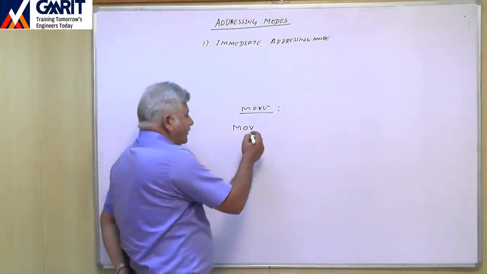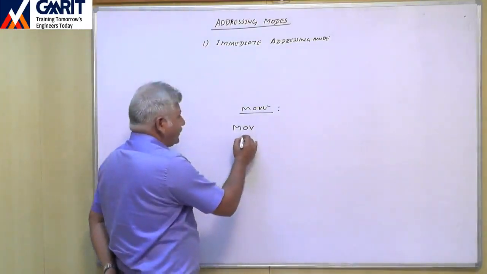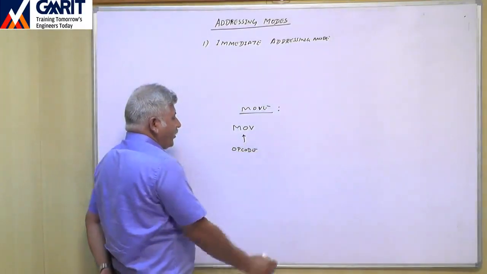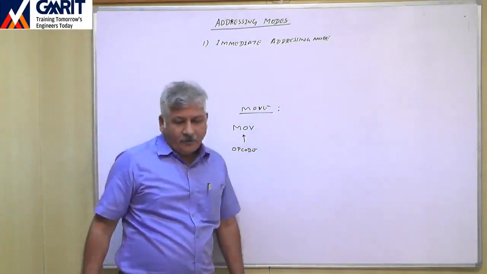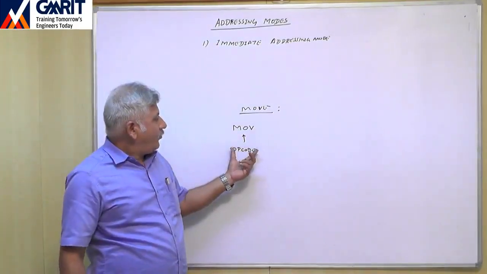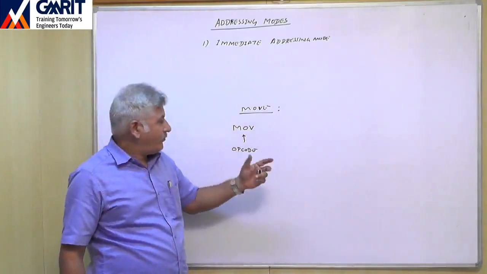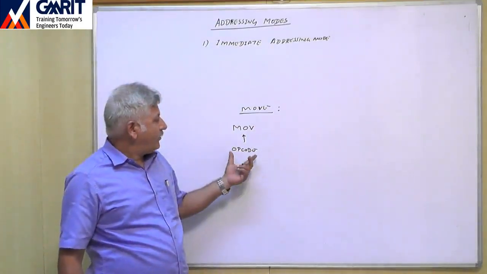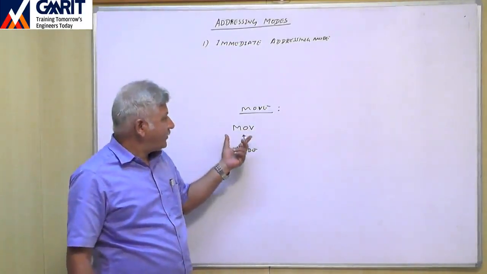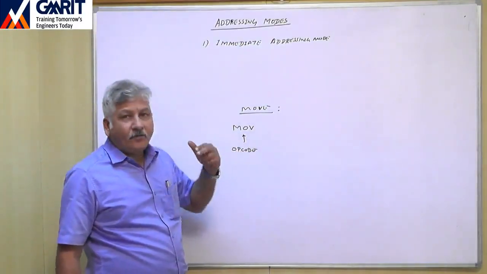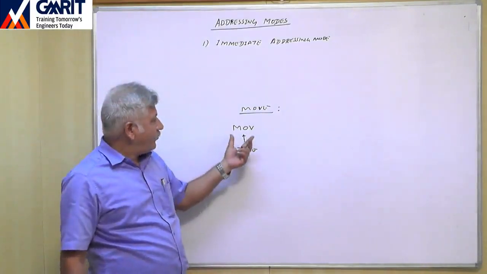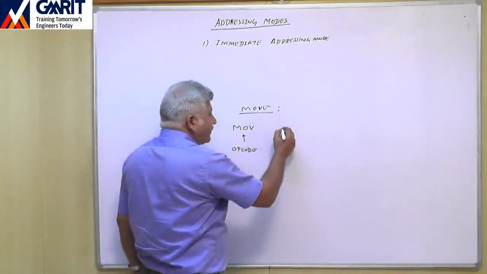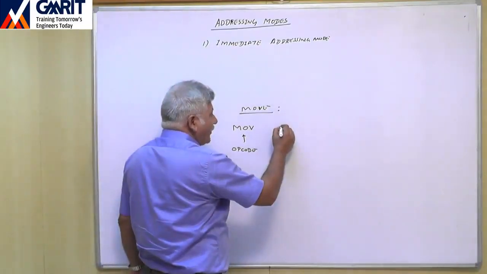Now this MOV is the opcode. Opcode specifies what this instruction is going to do. So what an instruction is going to do, that is called the opcode. Since this instruction is used for the movement of data, MOV is the opcode. Now this instruction has 2 operands.